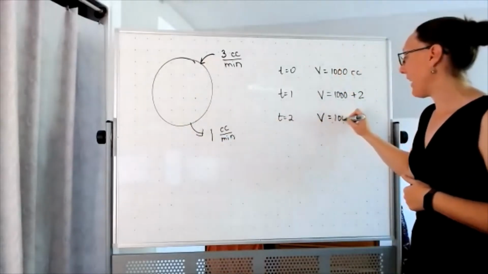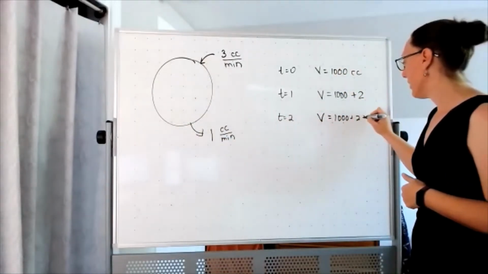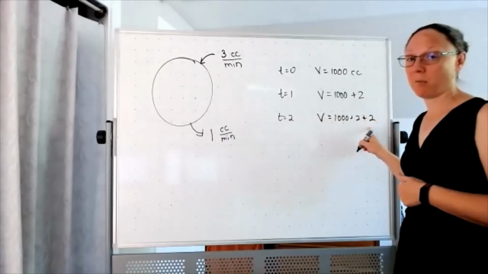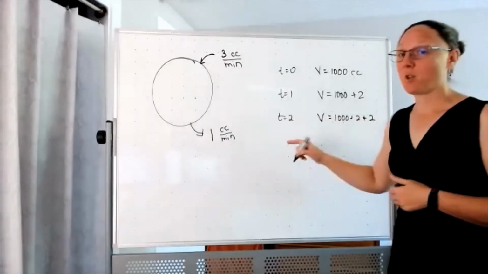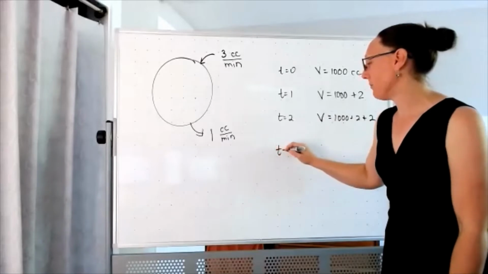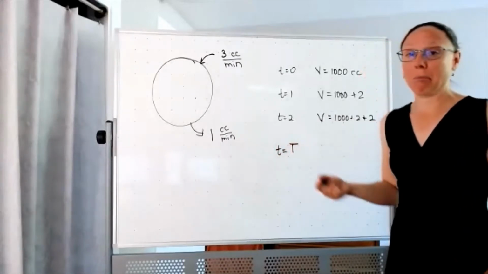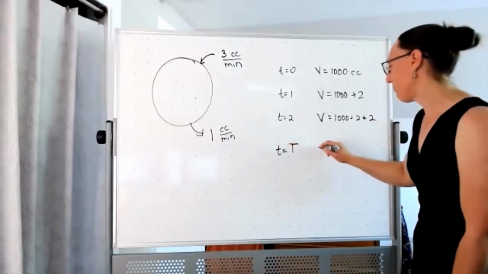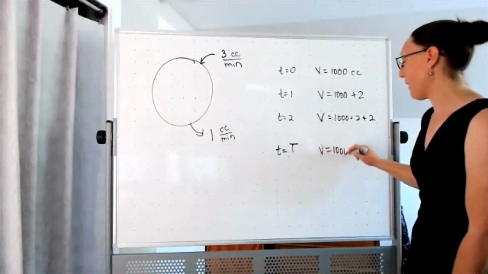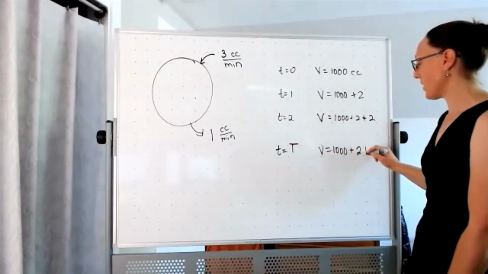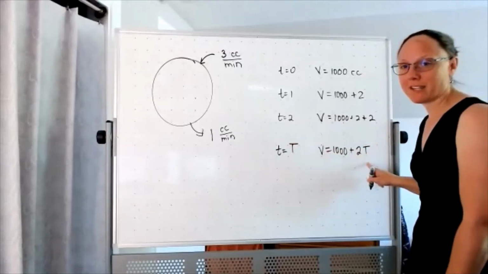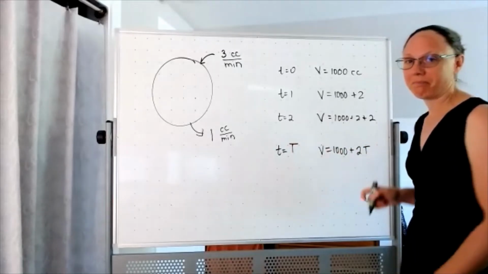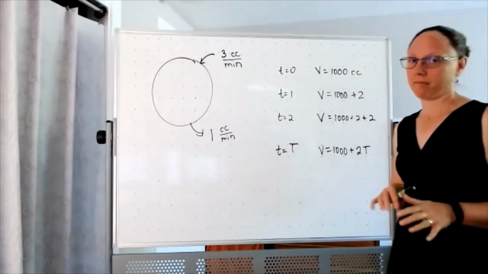So now I've added another 2 cubic centimeters. So at any time in the future, I'll just call it time big T, that volume would look like 1,000 plus 2 times the number of minutes we've had. Good times?